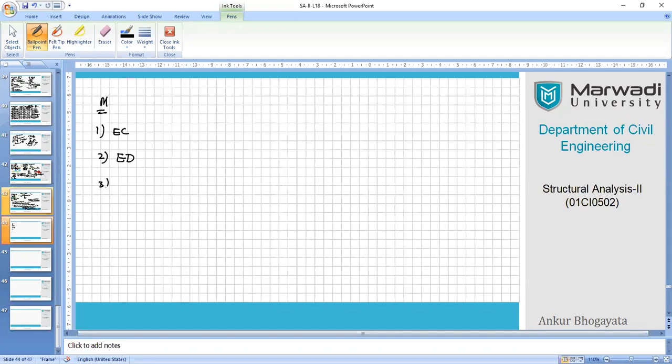Joint wise we can go: joint E is addressed now, joint C is being addressed, so CA, then joint D, so DA, DB, and finally BC. I think it's good enough to create a table.